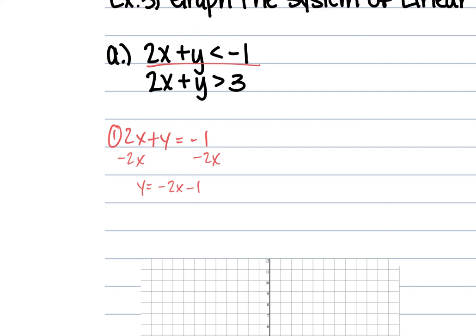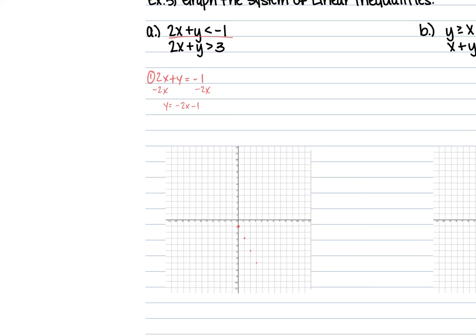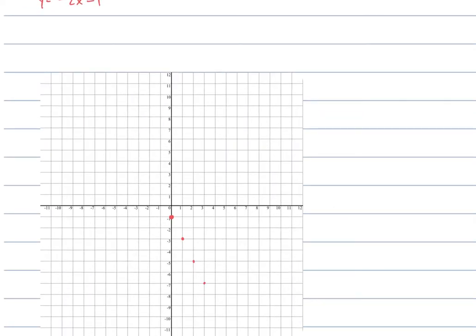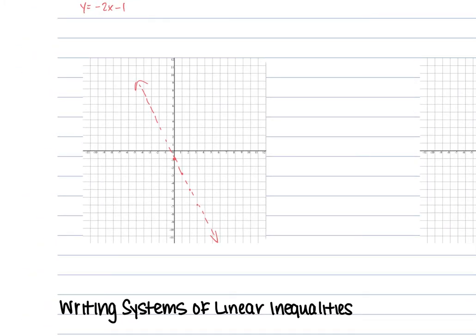And that means we're going to start at -1, move down 2 to the right 1, down 2 to the right 1, down 2 to the right 1. This is going to be a dotted line because it's less than.